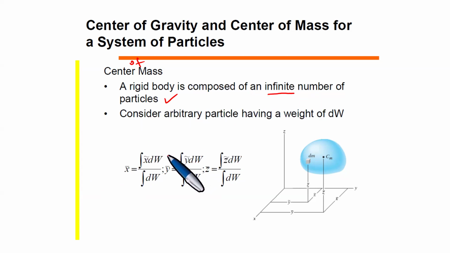These objects obviously have an infinite number of particles. Then you divide them into tiny, tiny particles. Consider an arbitrary particle having a weight of dW. Once again, there is a particle of weight dW, which means that its mass is dm. This dW is an arbitrary particle of arbitrary weight, so it's a small weight.